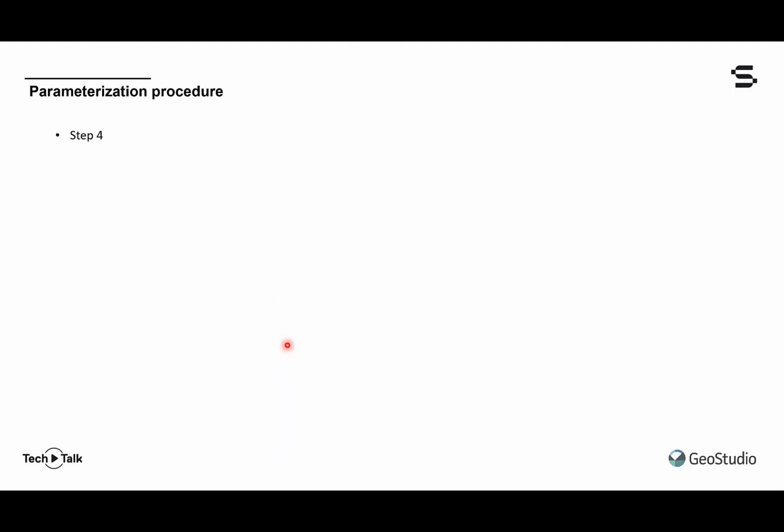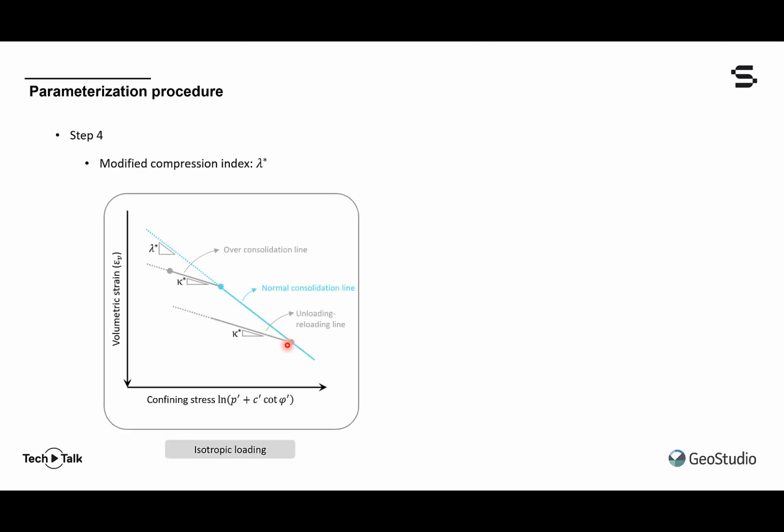The fourth step of the calibration procedure is to determine the modified compression index, or the slope of the normal compression line, lambda star. The slope of the normal compression line corresponds only to an isotropic loading condition.